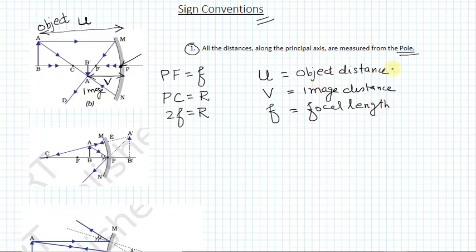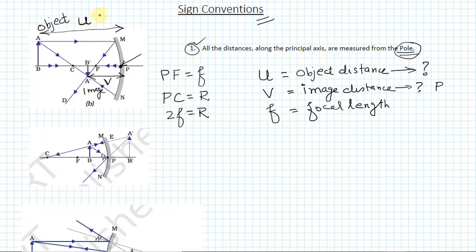So u is object distance. Object distance from where? Obviously from the pole, needless to say, because our first point of sign convention says all the distances are measured from pole. Similarly, the image distance from where? From pole, point P. So this is our point number 1, that all the distances are measured from the pole.